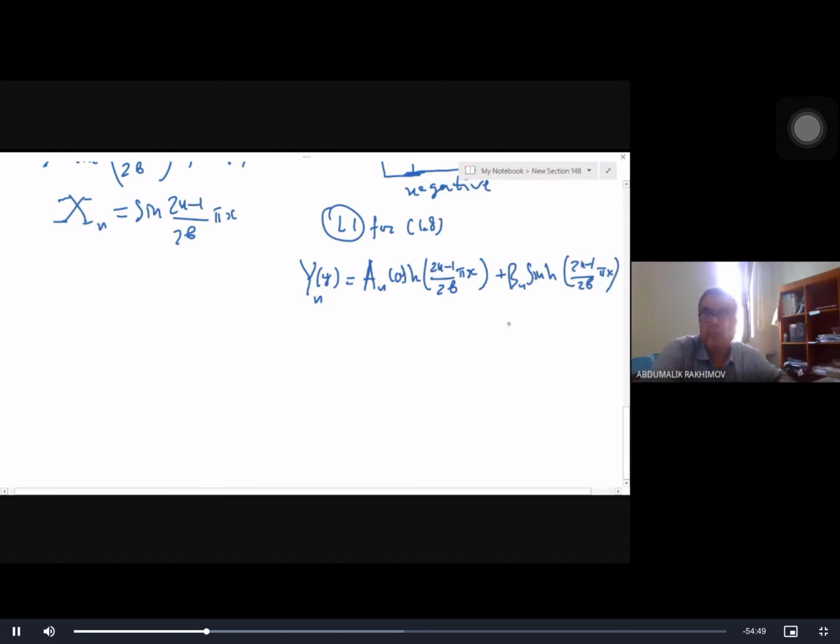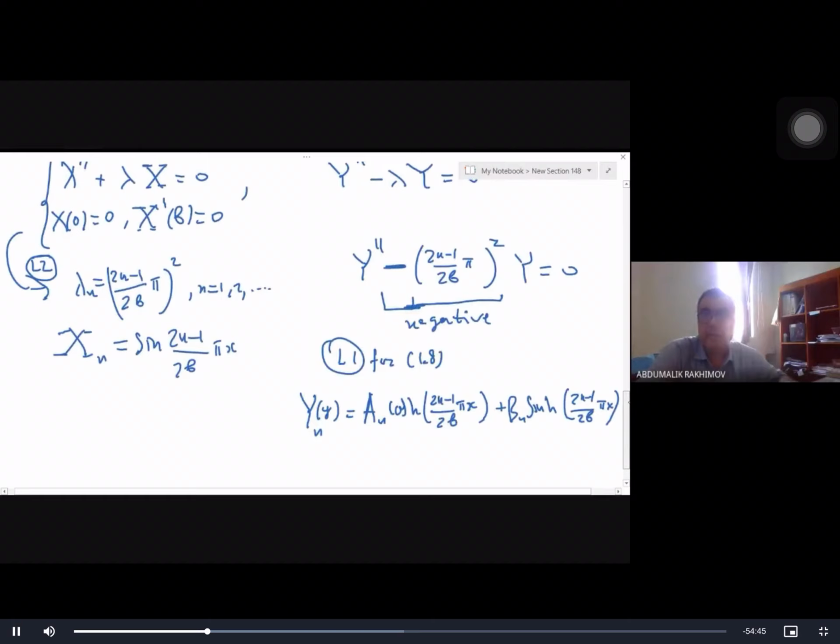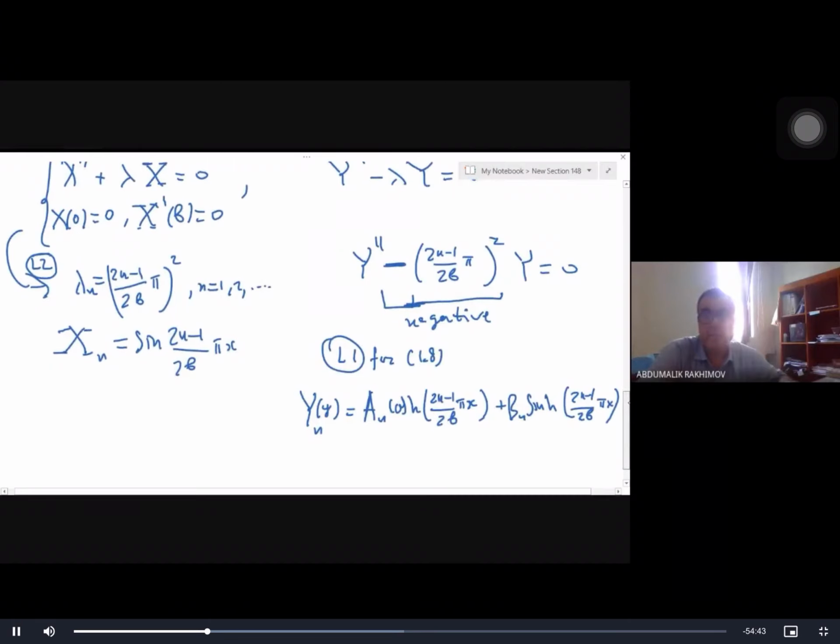So this will be the solution of equation 1.8, where A_n and B_n are arbitrary constants. We find this from lecture number 1.